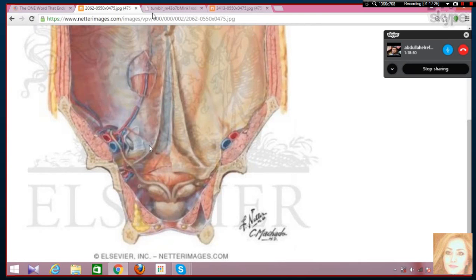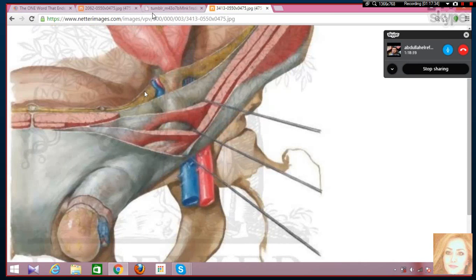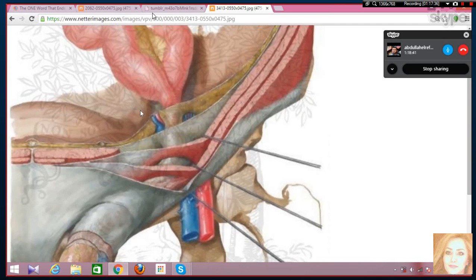So which ring opens here? Superficial. So the small intestine is not in the canal, it breaks directly through here. How do you know? You feel the pulse of the epigastric vessels lateral to your finger. Then you know your finger is here. This is direct.